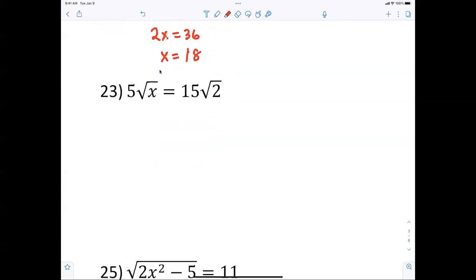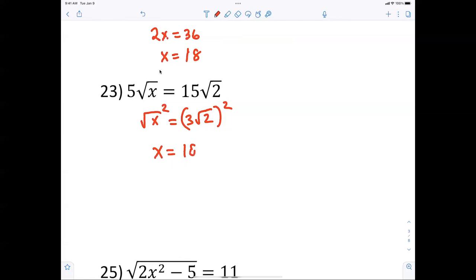23. Again, this is from the test. All right, so I divide by 5. Square root of x equals 3 radical 2. Now, I was hoping everyone could just tell me what that answer is. 18 is correct.